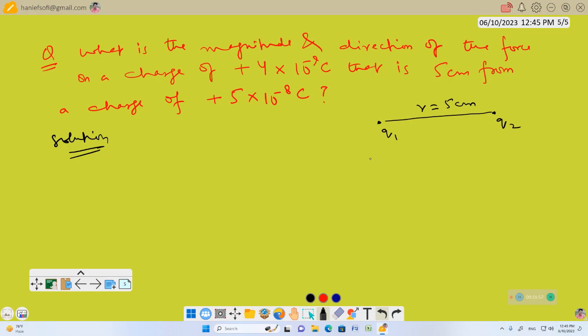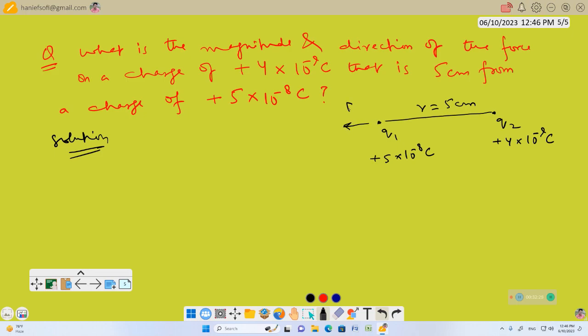One charge is plus 5 into 10 raised power minus 8 coulomb. Second charge is plus 4 into 10 raised power minus 9 coulomb. Both charges are like, so there will be repulsive force. That means the direction of force on Q1 will be directed away from Q2, this way.